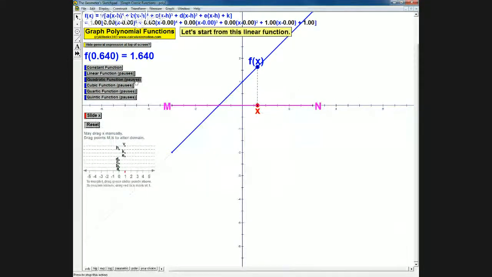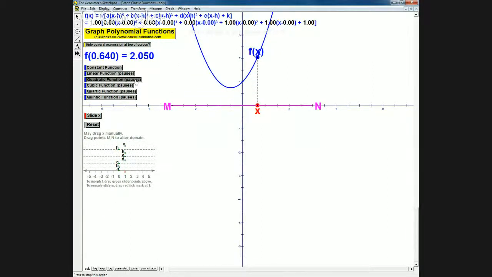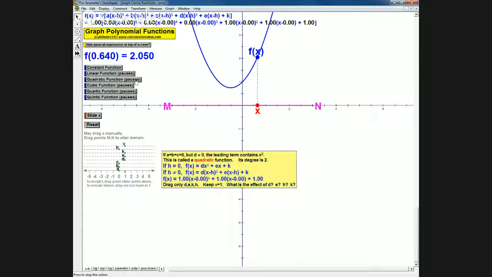What is that shape like? Yep. Oh, that's not the two. What's the degree of a quadratic? No. 2, because it's y equals x squared. Okay.